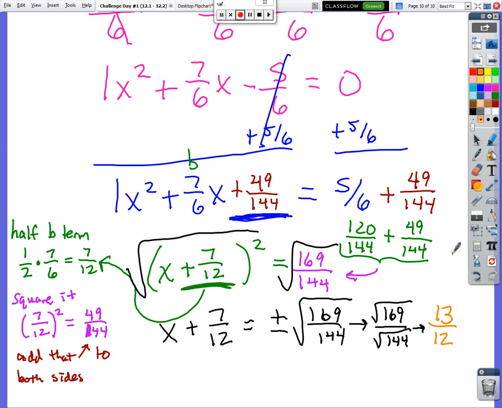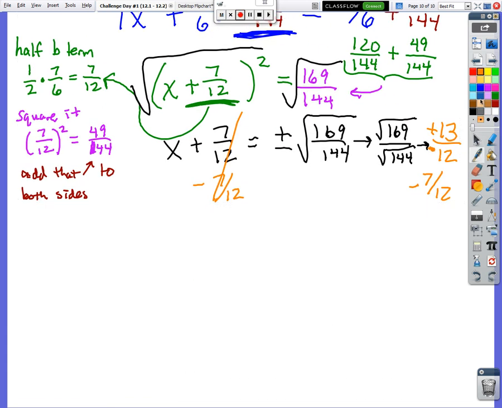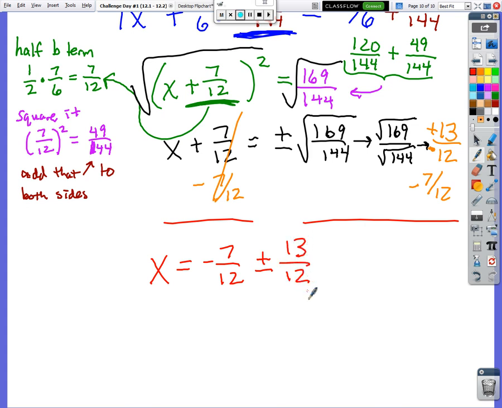So now the last little step here, before we do some simplification, we need to subtract this 7/12 over to this plus or minus 13/12. So in the end, this is x equals, and I'm going to write the negative 7/12 part first, the plus or minus second, plus or minus 13/12.